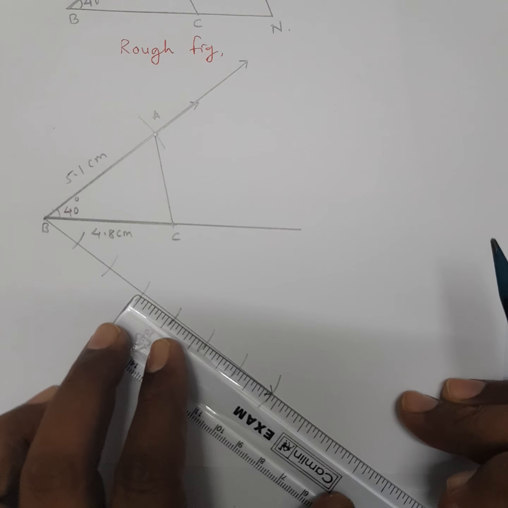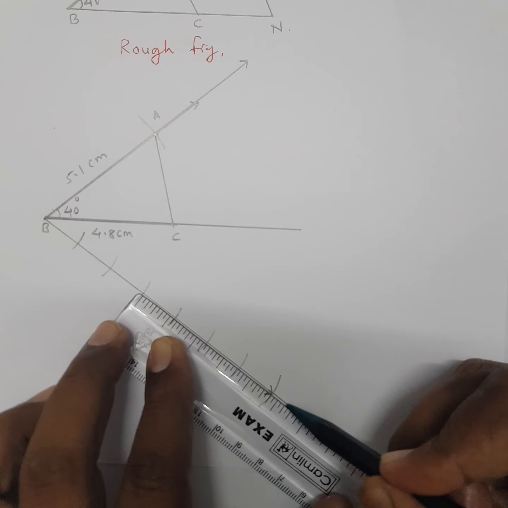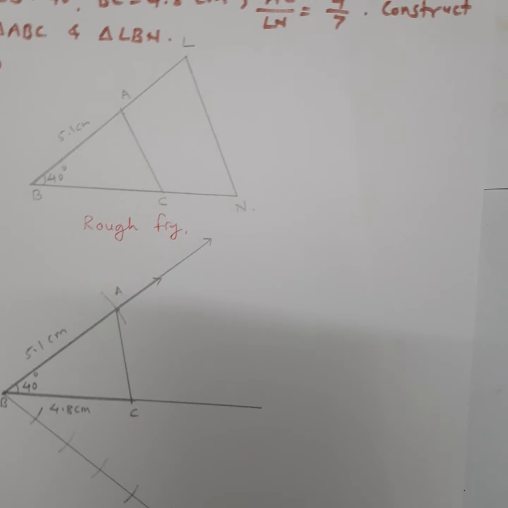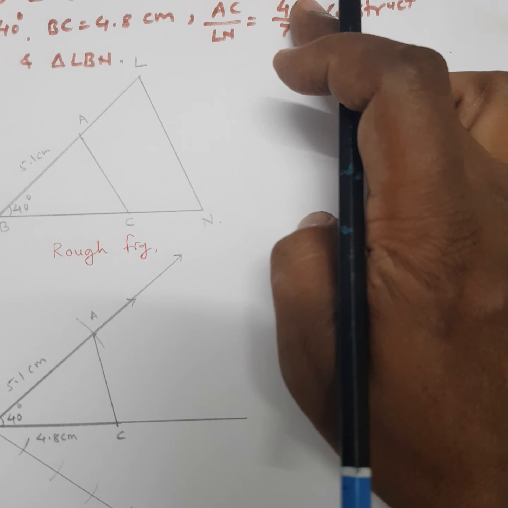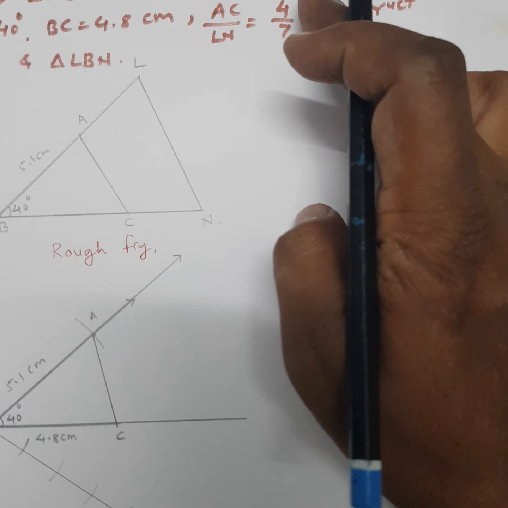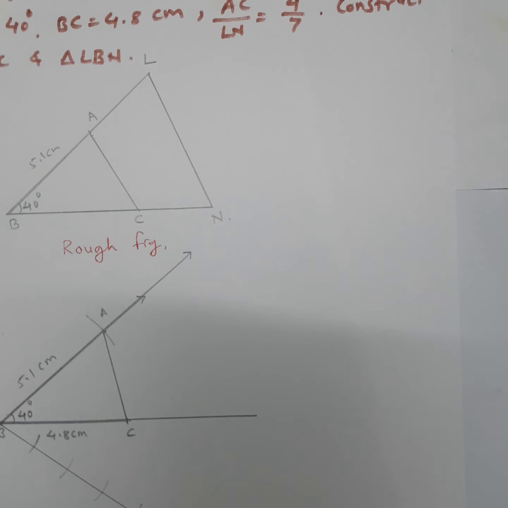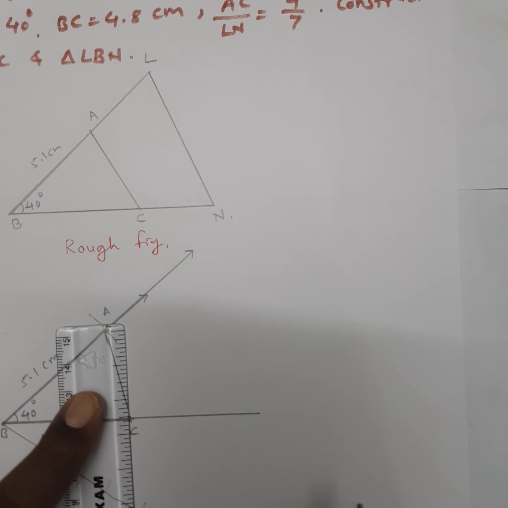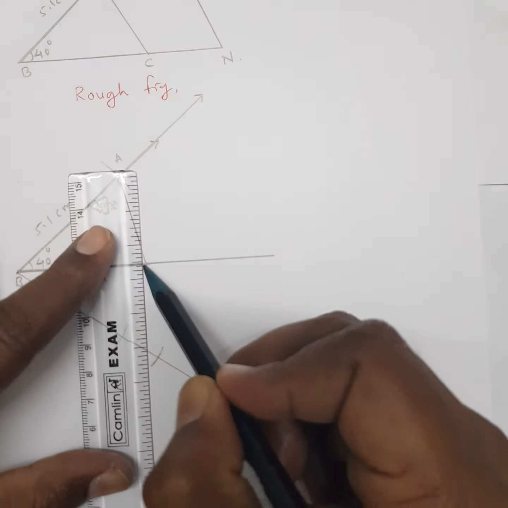Now the side of triangle ABC is AC, in that proportion given 4. Therefore join the fourth point, 1, 2, 3, 4, with point C. See here.